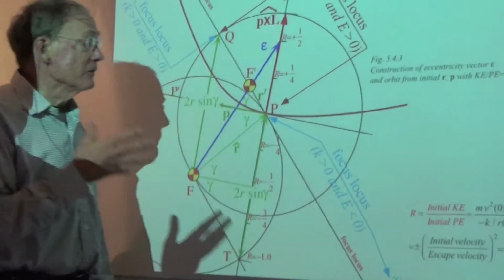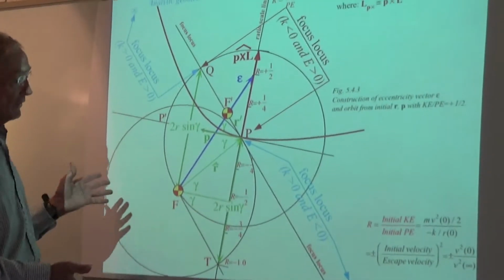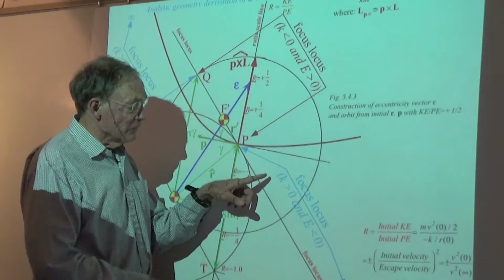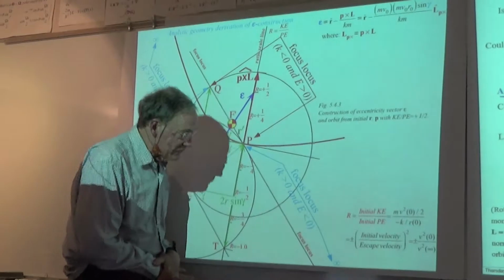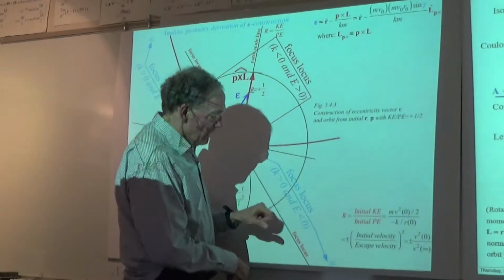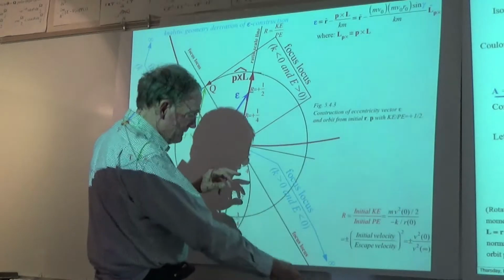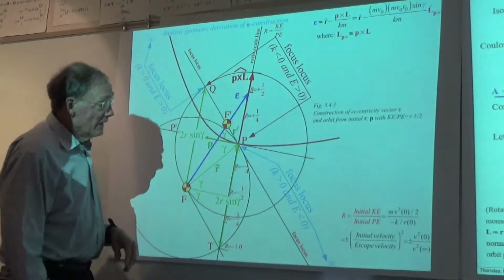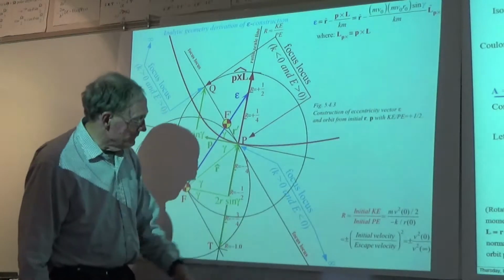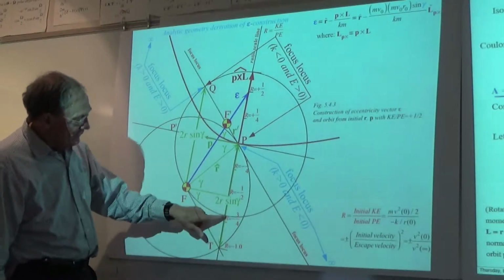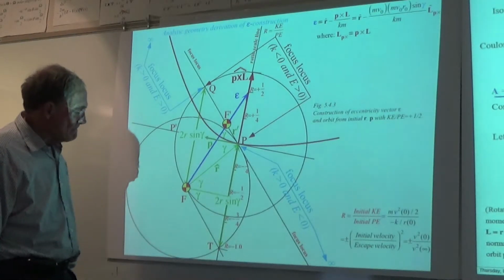The job here is to make the epsilon vector for three different cases. The focus locus for k greater than 0, that's attractive, and e less than 0, and then as we go to epsilon or energy greater than 0, we talk about the stuff that's below there.